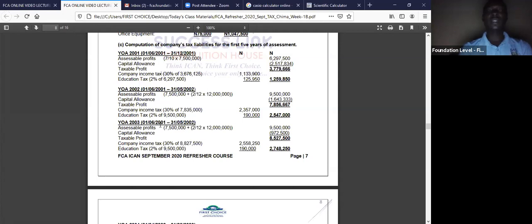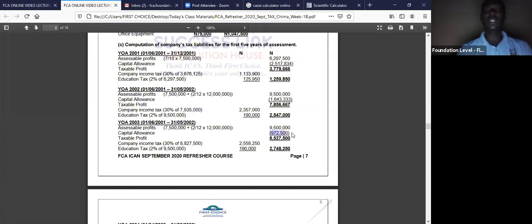Then we'll go to year 3, we do the same thing. Year 3 is a repetition of the accessible profit basis period. So whatever we have calculated as accessible profit in year 2 is what we will calculate as accessible profit in year 3. But the difference here is the capital allowance which we computed in our capital allowance table.